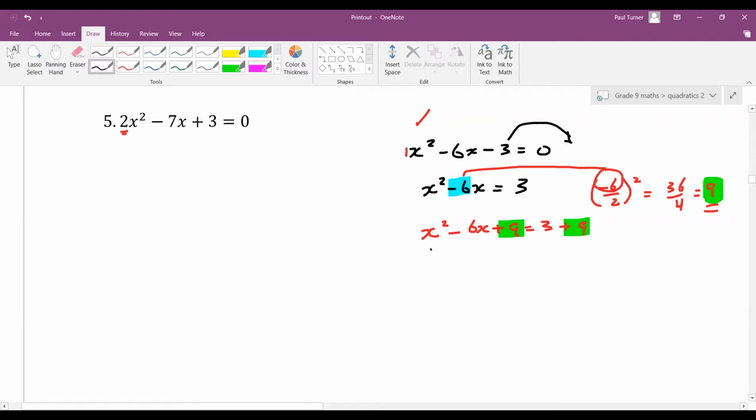And the reason we did that is because now this is a complete square. So we can write this in the form x minus, and the square root of 9 is 3, all squared. If you want to expand this, then you should get back to that there. And 9 plus 3 is 12.